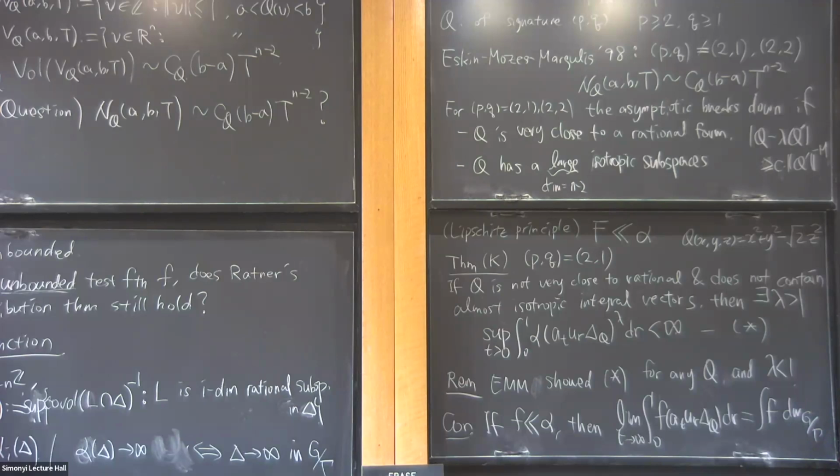C is a constant and capital N is a large exponent. They are allowed to depend on Q, but independent of Q prime.